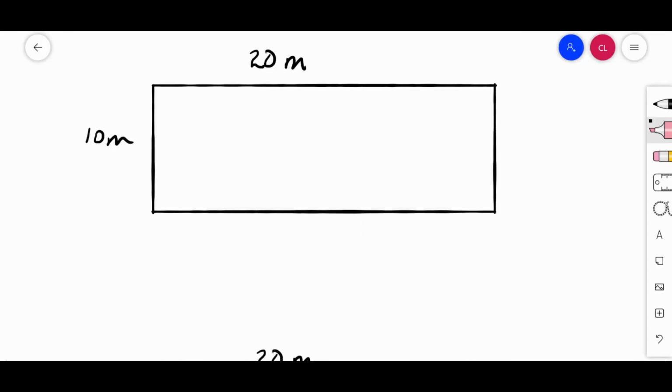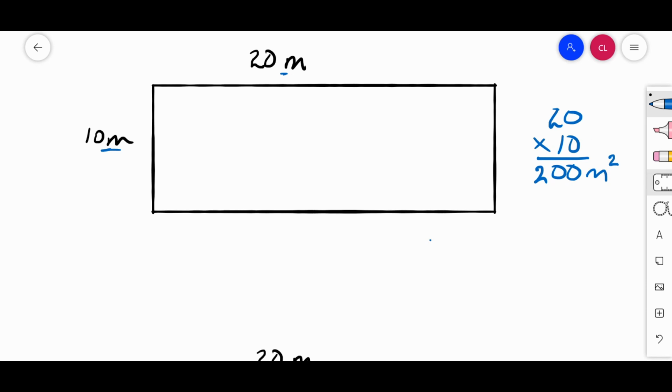We have another question here that says that the students have a play area 20 by 10. So we could find the area by saying 20, and we'll multiply this by 10. Okay, and when we multiply this by 10, we would get 200. And then we have meters here, so it would be 200 meters squared.